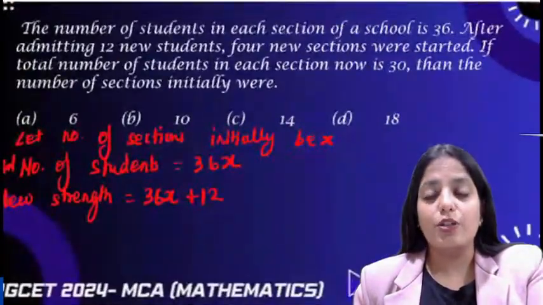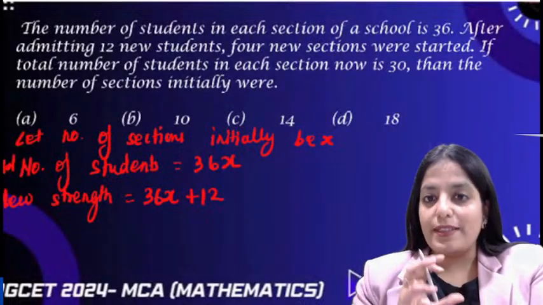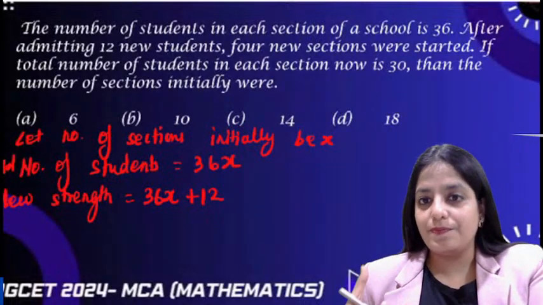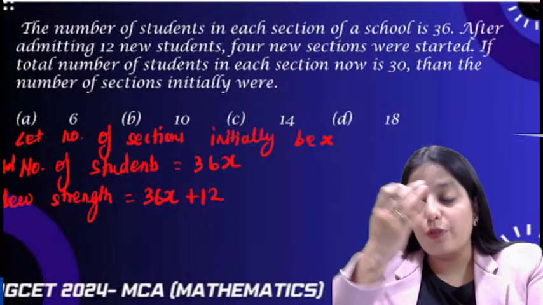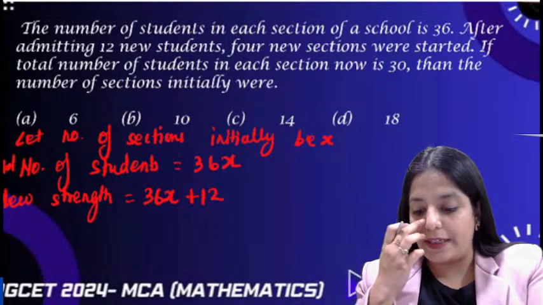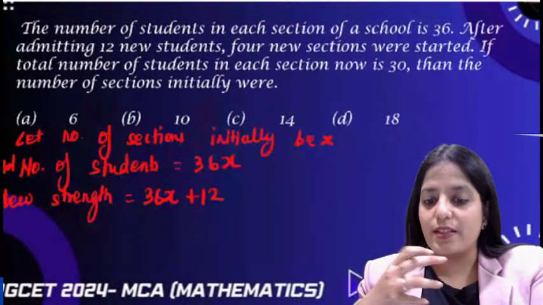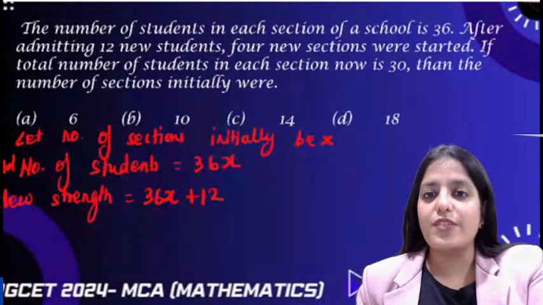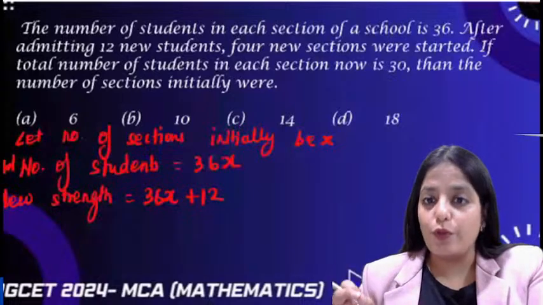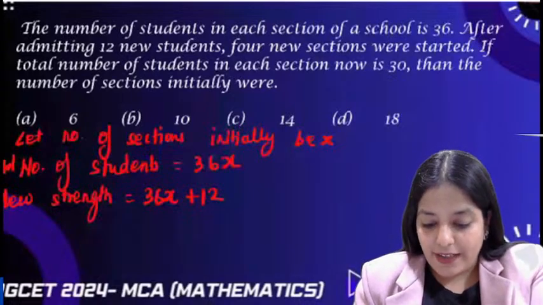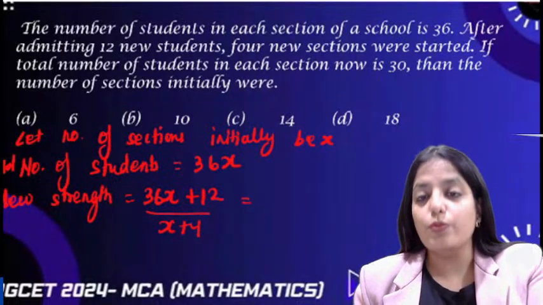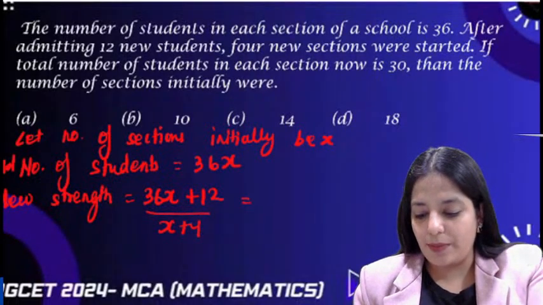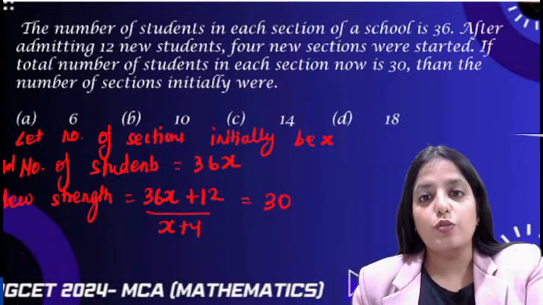Now when 12 students got admitted, 4 new sections were created. So initially there were x sections, now the number of sections are x plus 4, and as a result the new strength in each section became 30. So what is the equation?